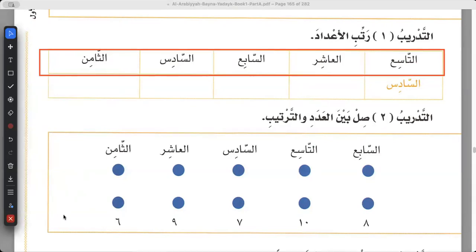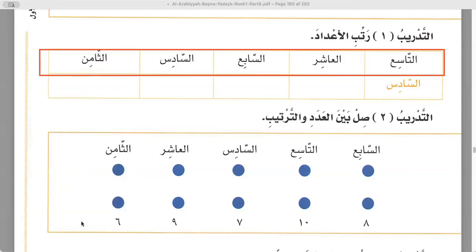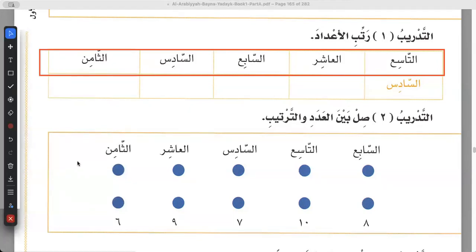So it should be followed with, what will be the next after Asadis? Asabi'. Followed with Athamin.